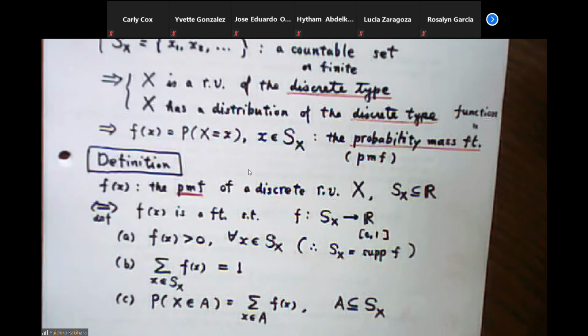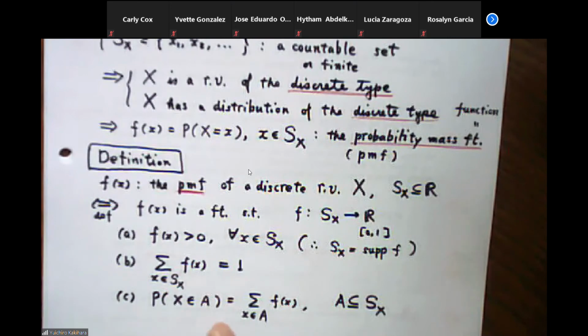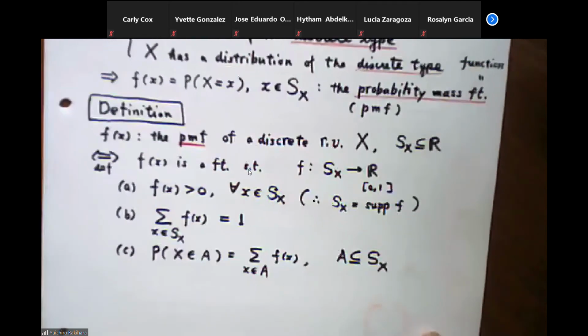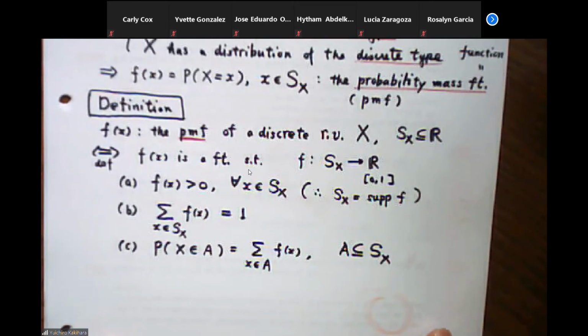And for any subset A of the space of x, we can calculate the probability that x is in A by summing f of x for x in A. In this way, we can calculate the probability. So that's the definition of the probability mass function.